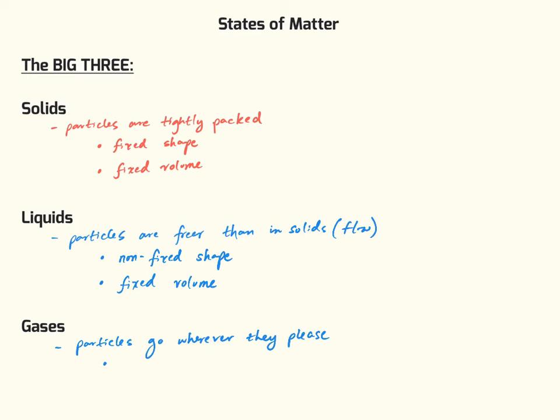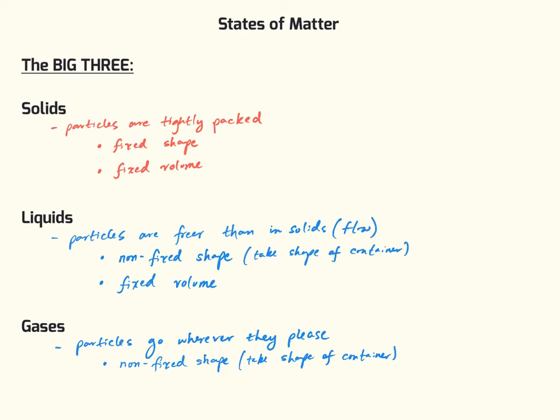Now, because of that, gases have a non-fixed shape. When I say a non-fixed shape, we can also think of that as take shape of container. Same thing down here. Take shape of container.